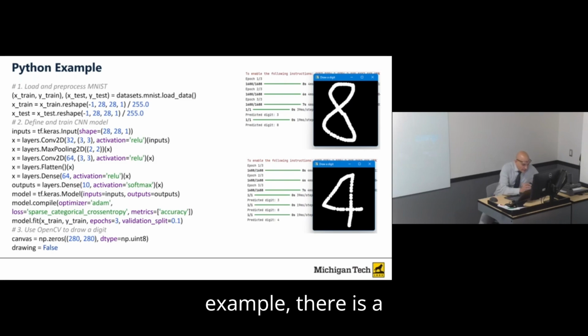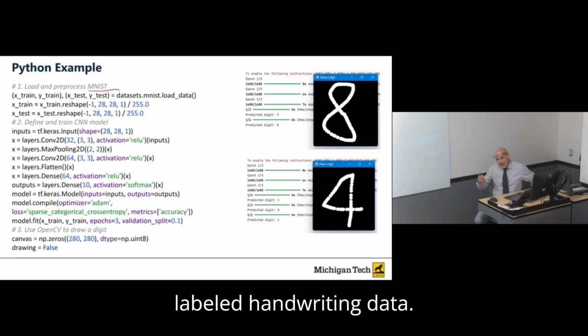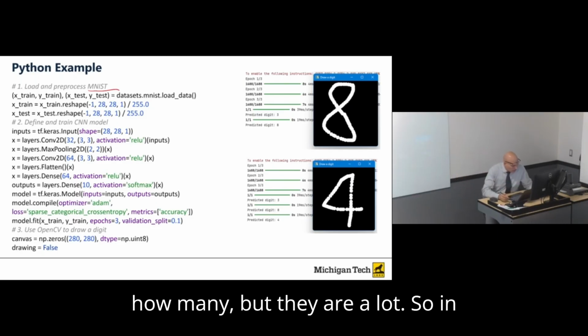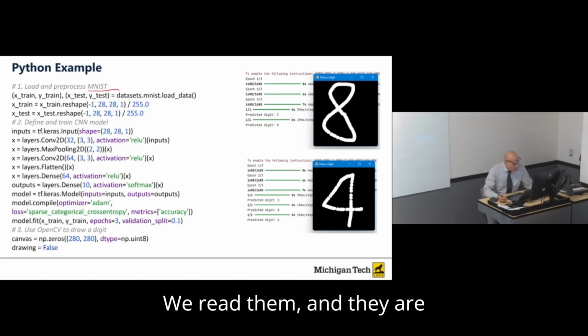In this example, there is a prepared data set called MNIST. This MNIST already has lots of labeled handwriting data. If you go there, I don't know how many, but there are a lot. So in this code, we use that data set. We read it, and it's labeled.